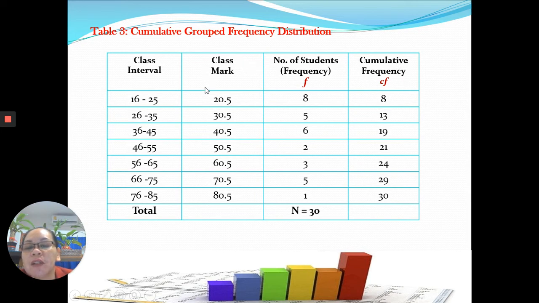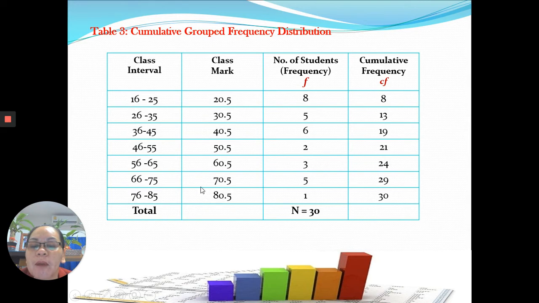I have here an additional column, which is your class mark, and this is obtained by adding the lower limit and the upper limit of your class interval divided by 2, and that is your class mark.